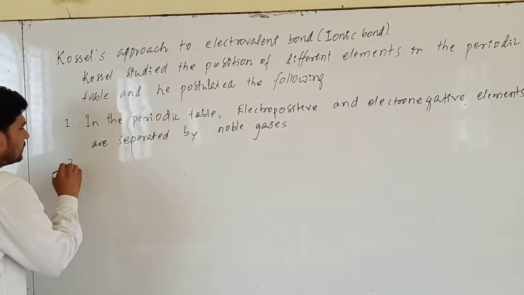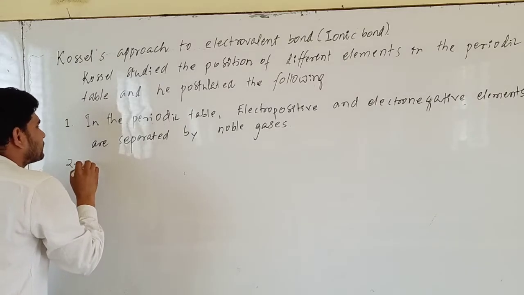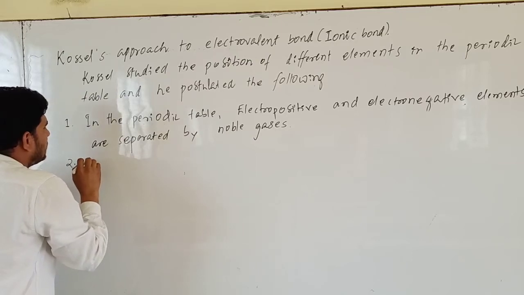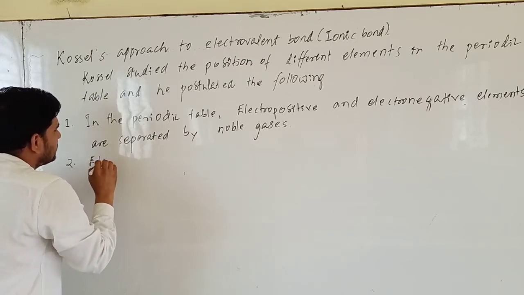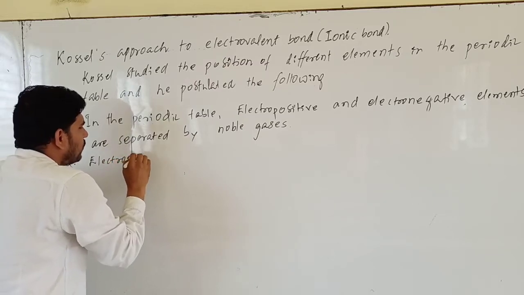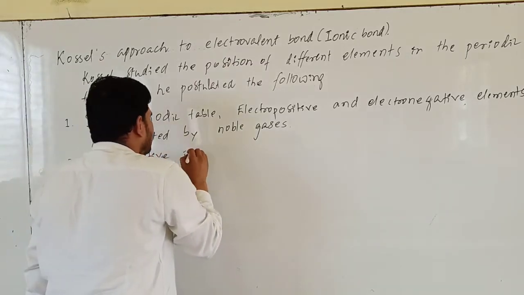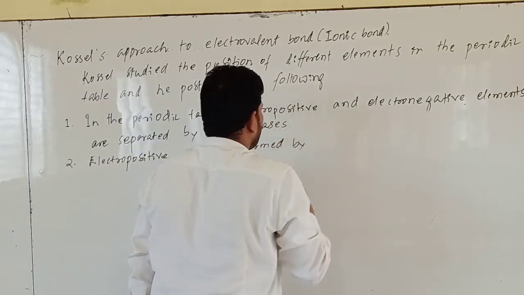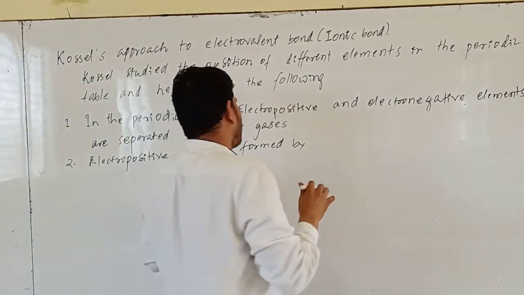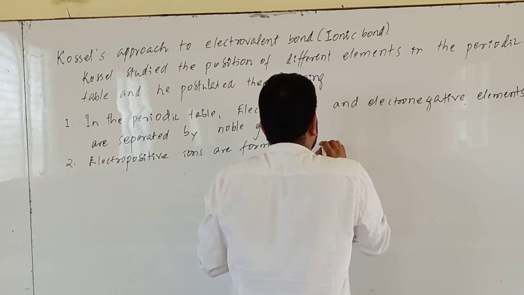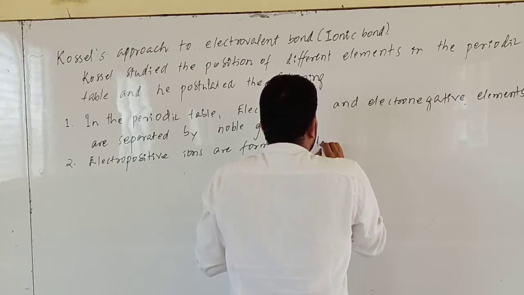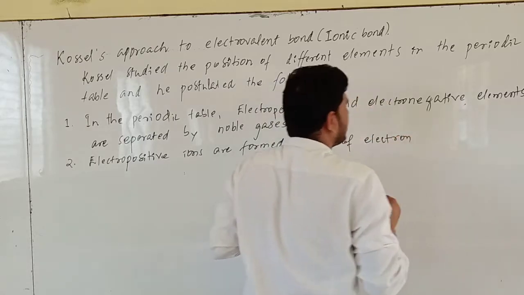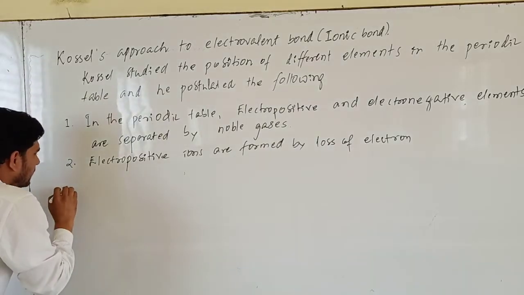Okay, the next postulate of this Kossel's theory, the second one, is that electropositive ions are formed by loss of electrons.